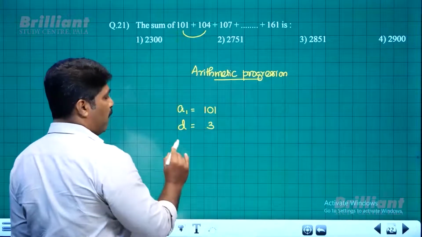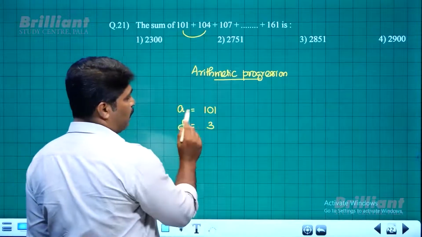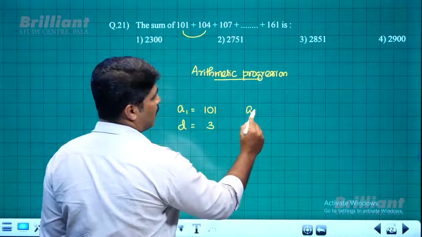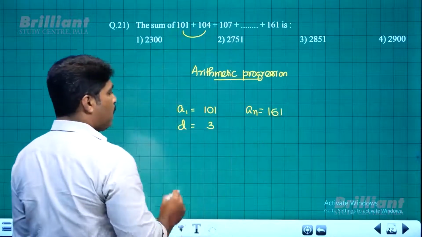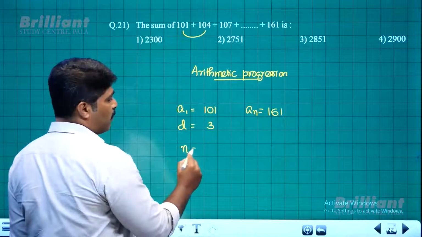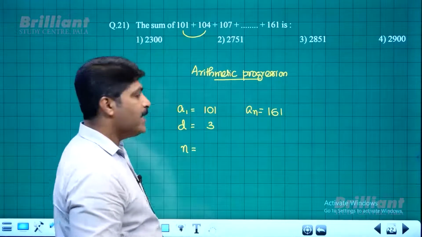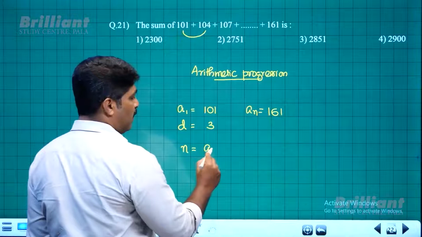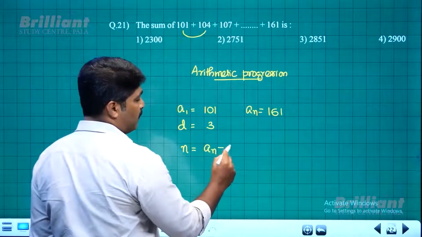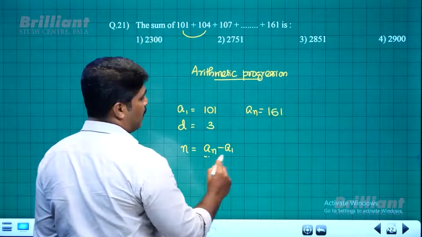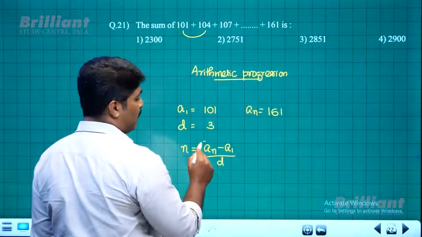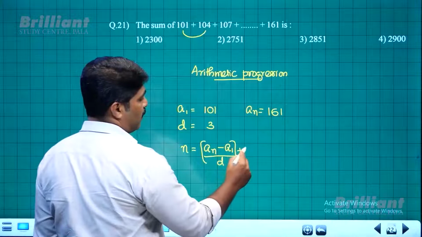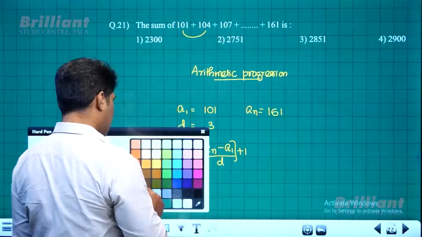So if A1 is 101, then AN, that is the last term, is 161. First of all, we have to find the number of terms. For finding the number of terms, it is simply AN, the last term, minus A1, divided by the common difference, plus 1. So this is one of the important results here.